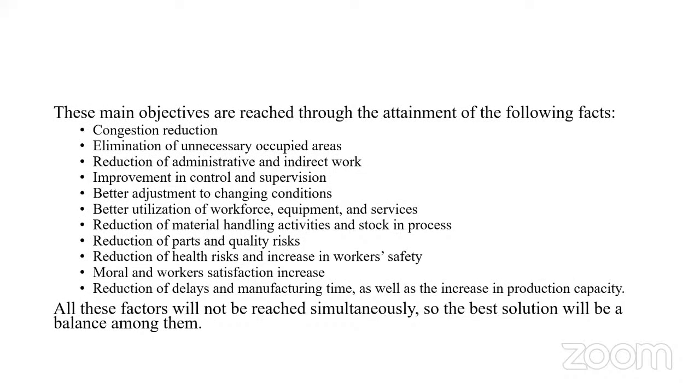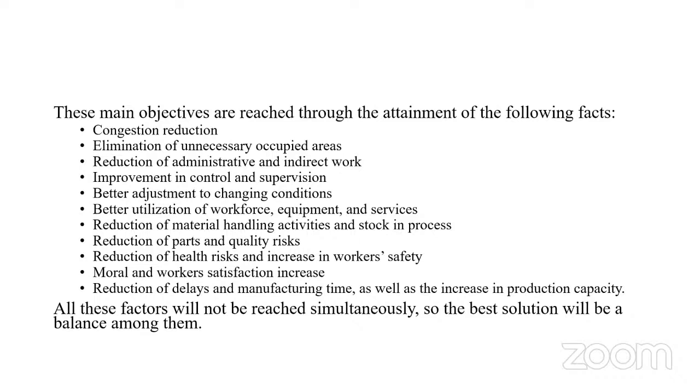The main objectives are reached through the attainment of the following factors: congestion reduction, elimination of unnecessary occupied areas, reduction of administrative and indirect work, improvement in controlled supervision, better adjustment to changing conditions, better utilization of workforce, equipment and services, reduction of material handling activities and stock in process, reduction of parts and quality risk, reduction of health risks and increase in worker safety, morale and worker satisfaction, reduction of delays in manufacturing time, as well as the increase in production capacity.